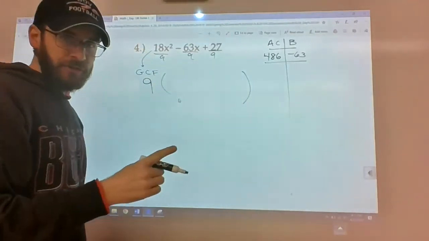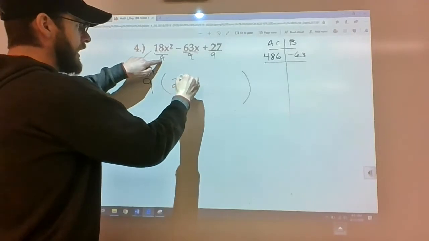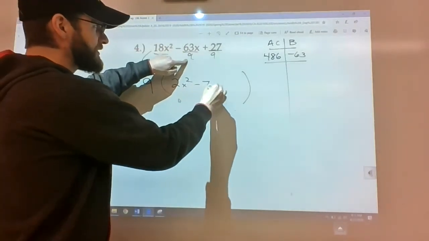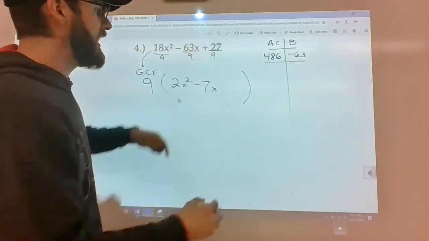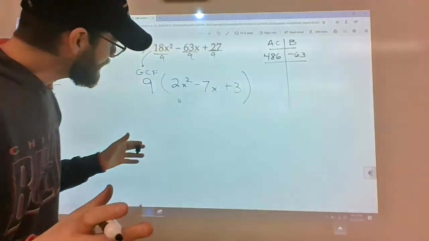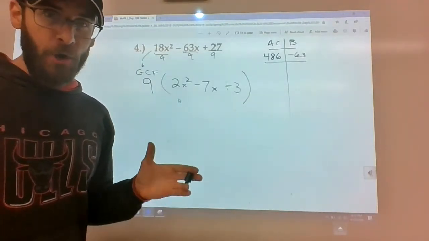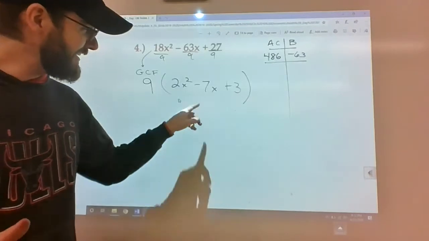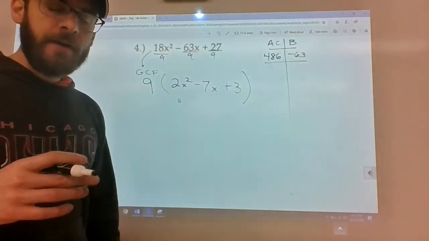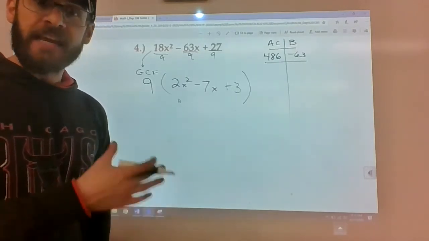The leftovers you have are now 2x squared, 63 over 9 is 7, minus 7x plus 27 over 9, that's plus 3. Okay. We have a much more manageable polynomial now to work with. Look at this thing. Small numbers. So that's the benefit of recognizing a GCF is there and can be taken out right away.